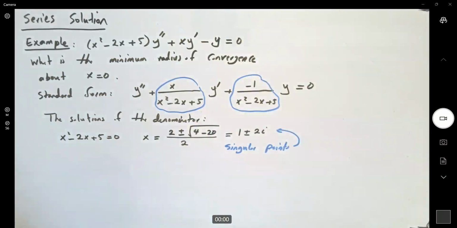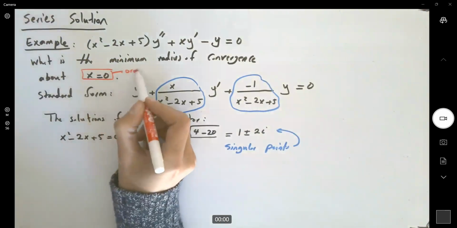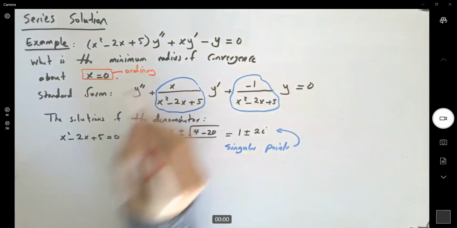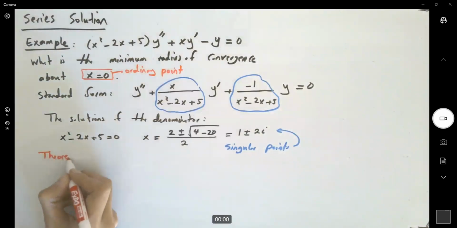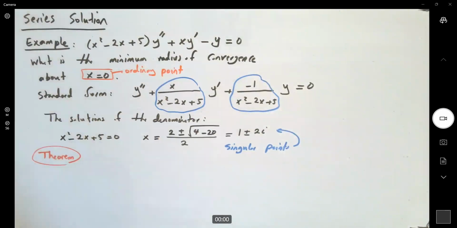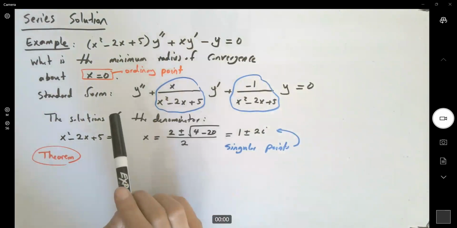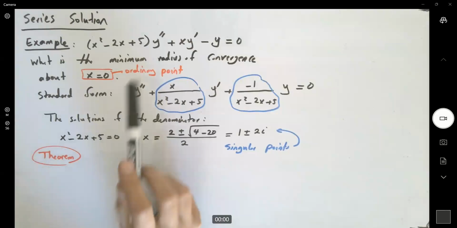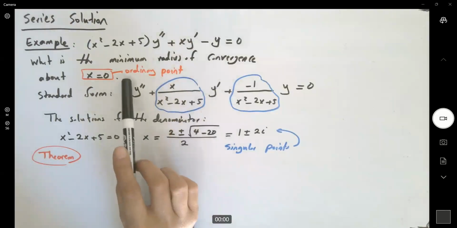Well, our theorem says at any ordinary point, note that x equal to 0 is an ordinary point. So by the theorem, we can find solutions for this differential equation. We can find two linearly independent solutions at this ordinary point.